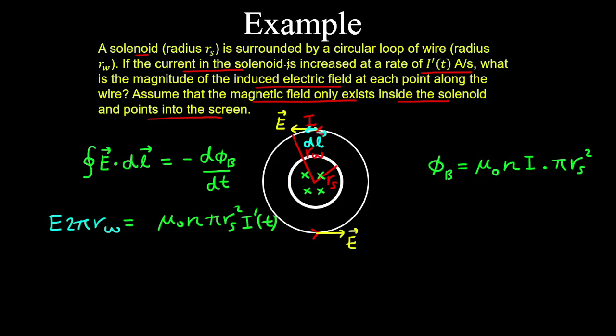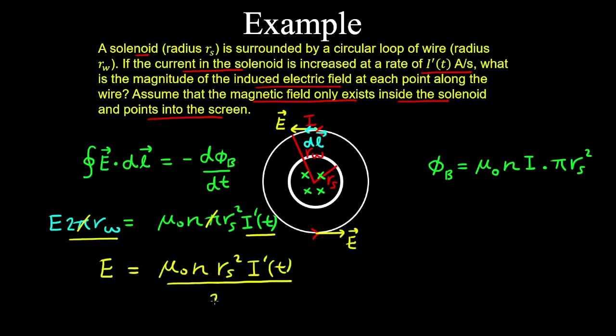And given that the current in the solenoid is increased at this rate, then this value is positive. So dividing through by 2 pi by the radius of the wire, the pi's cancel, and we obtain a magnitude of the electric field as mu naught by the number of turns in the solenoid per unit length, by the radius of the solenoid squared, by the rate at which the current is increased, over 2 Rw.